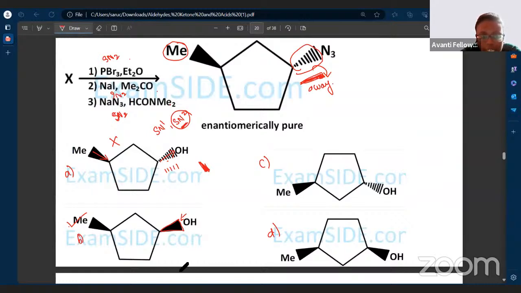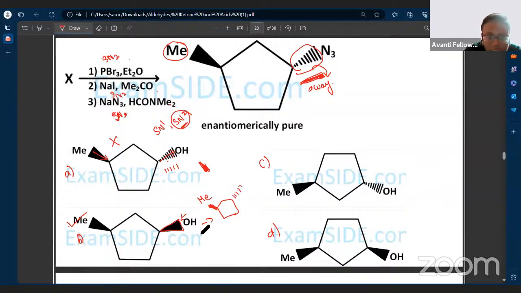So when you consider A and B, I'll do the reaction. OH is there. Now when you put SN2, I'll have Me in a wedge bond, so Br will be in a dash bond because inversion happens. Again, with NaI it will also undergo SN2, NaBr will be removed, and inversion takes place.